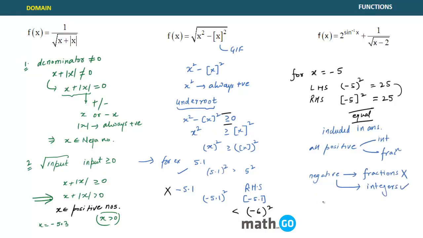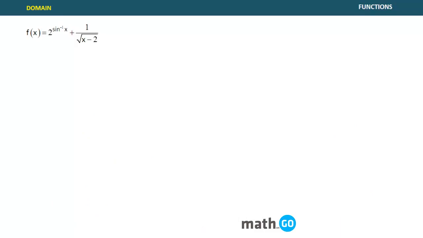So the net answer for this will be x belongs to R positive union Z negative. R positive means all the positive numbers, union all negative integers, union 0. If I write R positive, that means I have not included 0. So this is the particular answer I am looking for.